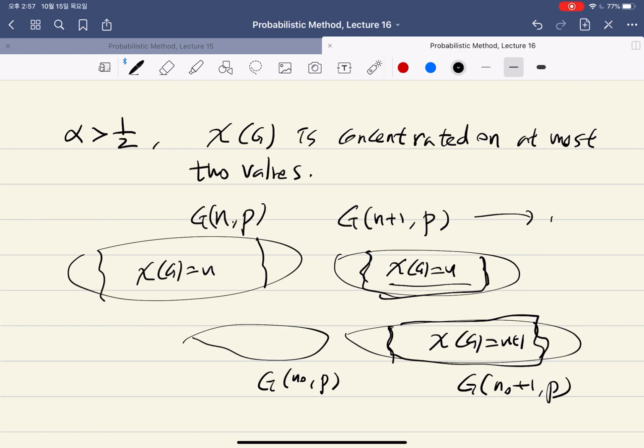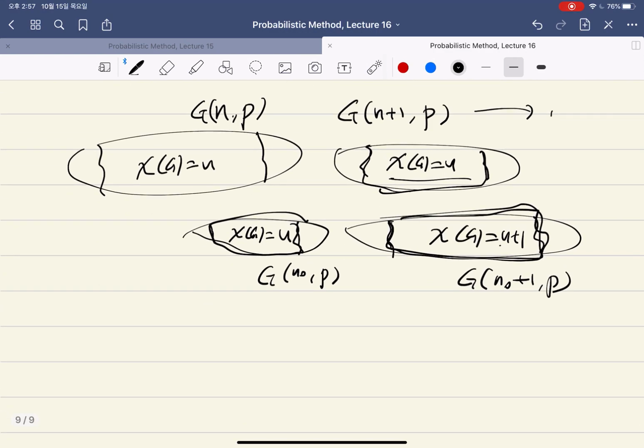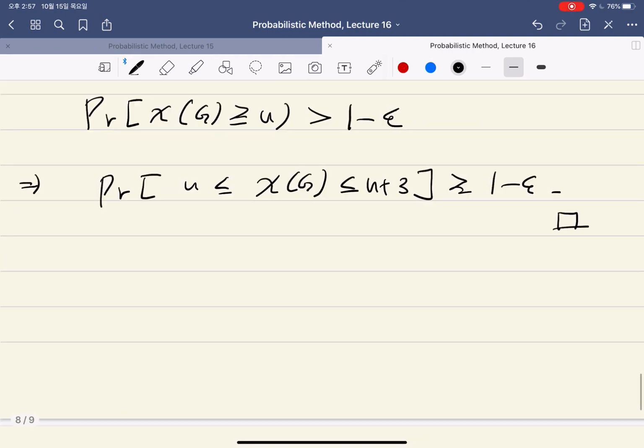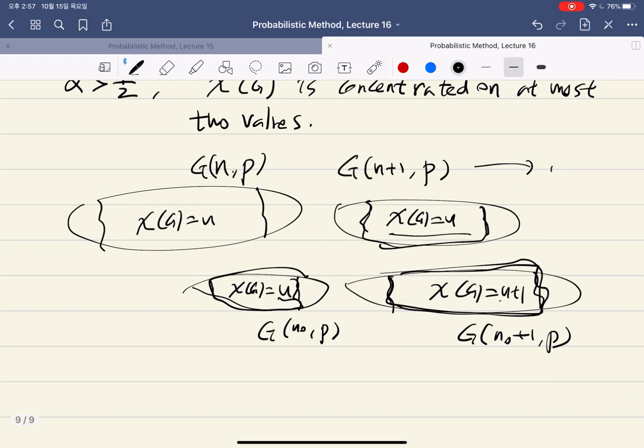intuitively, it's unlikely that this is u and this is u plus 1, that at one moment it was almost u, but now it was u plus 1, because this u depends on p, but it's roughly of logarithmic order. So a change of 1 here is unlikely to make this jump all the way to u plus 1.